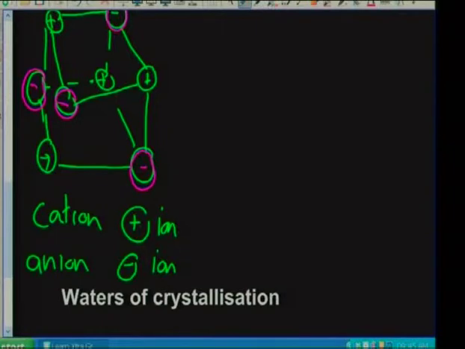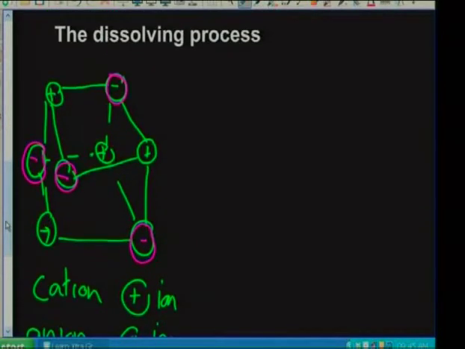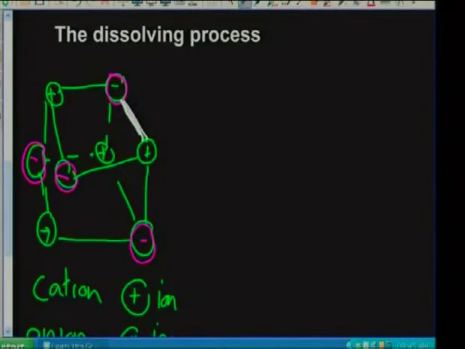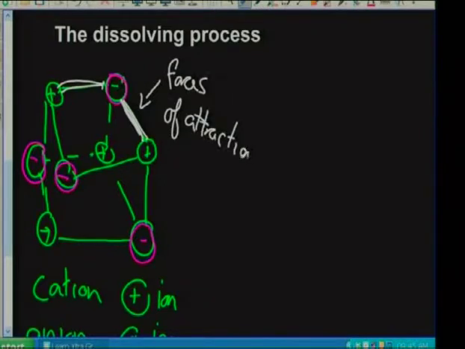Now, the reason that dissolving takes place is that what I've indicated between these positive and negatives, these are electrostatic forces. They are forces of attraction. But we know any force of attraction can be broken if there are stronger forces that are going to pull it apart.